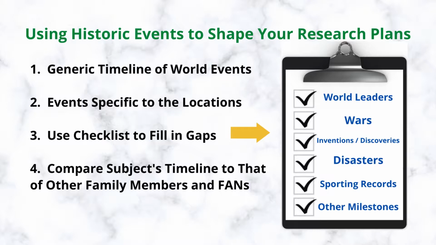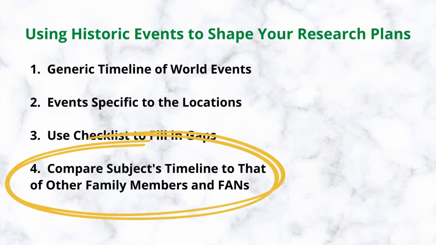I'm interested in military history, inventions and exploration, and the history of the national parks, for example. And lastly, compare your subject's timeline to the events in the lives of close family members who may have shared your subject's experiences. This makes for a robust timeline for use as a framework for your research.